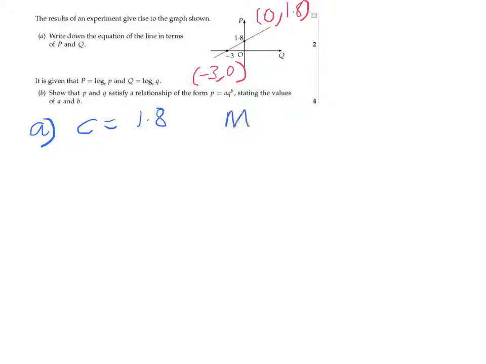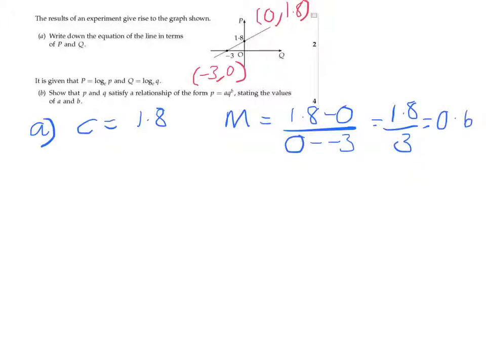So I can work out my gradient as being 1.8 minus 0 over 0 minus negative 3, which is 1.8 over 3, which is 0.6. Put these into the equation y equals mx plus c, y equals 0.6x plus 1.8.